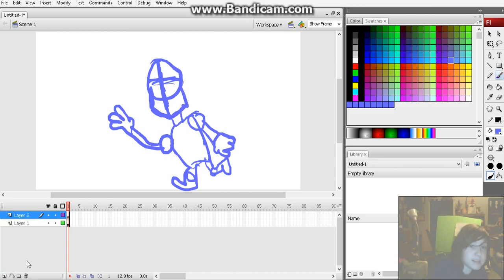Now let's get into the muscles of the character. The muscles of the character are basically just outlining some of the major points of where the character is and stuff. So, the neck is one of them, and then we have to do this, because these are the muscles in the body, basically.